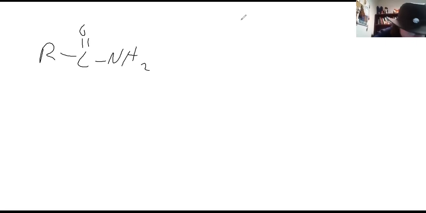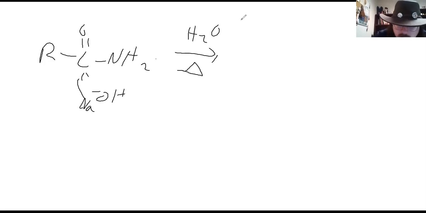So like NH2. We're using some hydroxide, attack there. We need water and heat. NaOH and heat, and that's going to form our carboxylate.